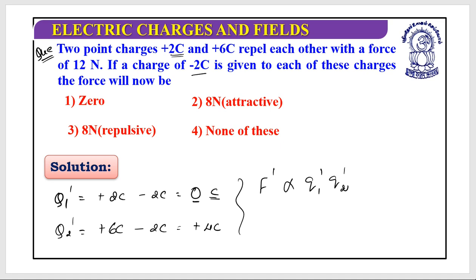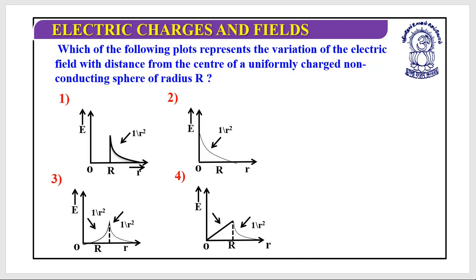Here it is q1 dash into q2 dash. As it is 0, nothing matters. So the new force would be 0 Newton, sorry, my mistake. The new force will be 0 Newton. Are you sure with this? Will you be able to solve this kind of question? These are very basic questions, but they have been asked in examinations.